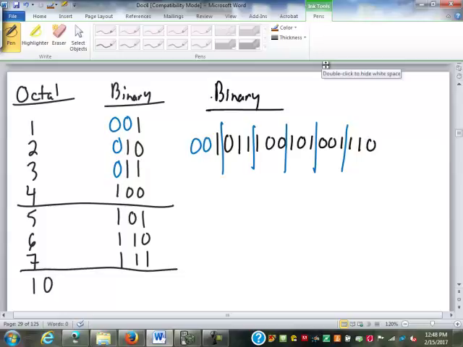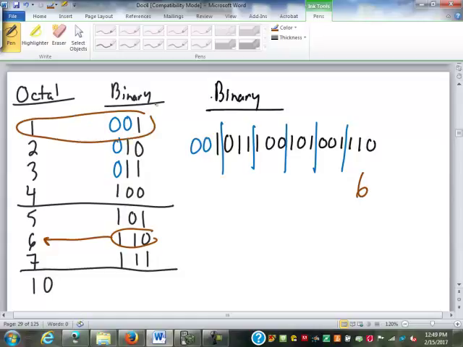Any questions on what I've done so far? So what I've done here is I have actually separated the binary number into octal digits. 110 right here can be represented with the octal digit 6. 001 is the octal digit 1. 101 would be 5. 100, 4. 011, 3.